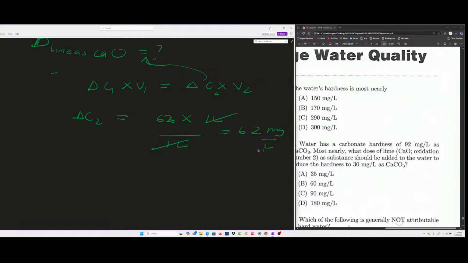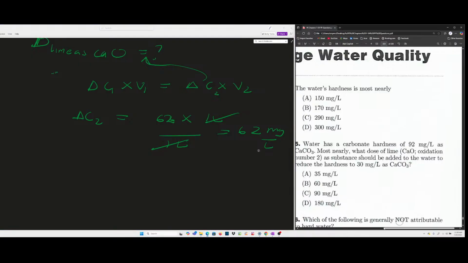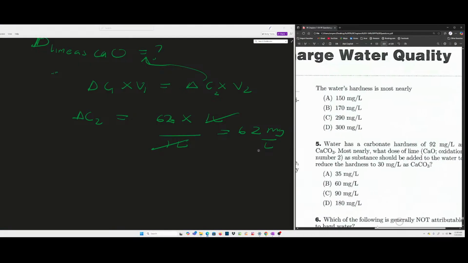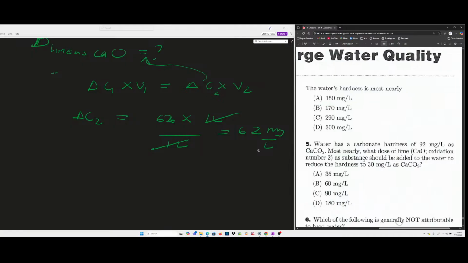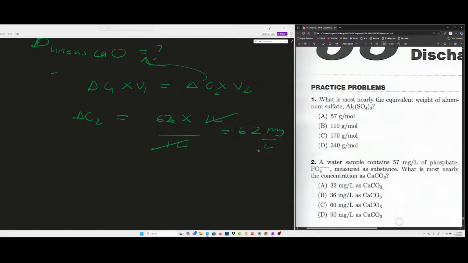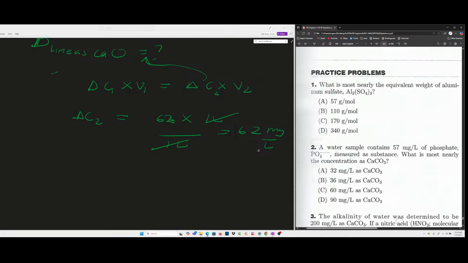But all this concentration, we're looking at dose of lime as CaO. But now they're asking us what it is as a substance. Because if you look at the previous concentration, when we see water as being measured as a substance, it is mostly the concentration as CaCO3.